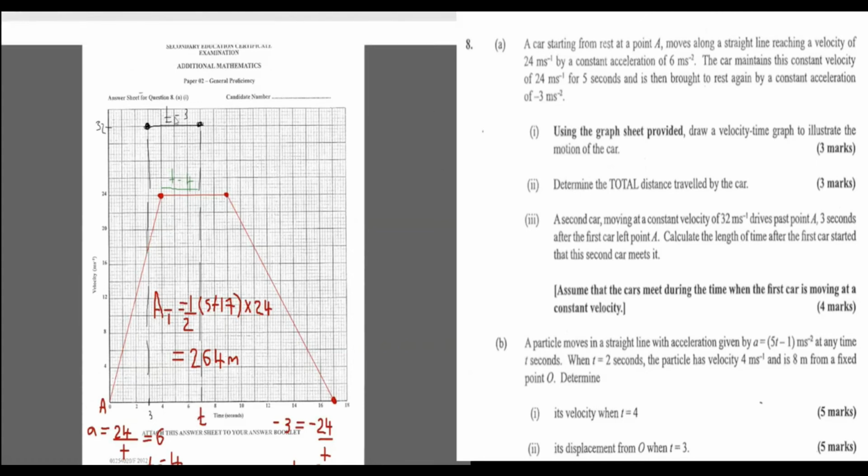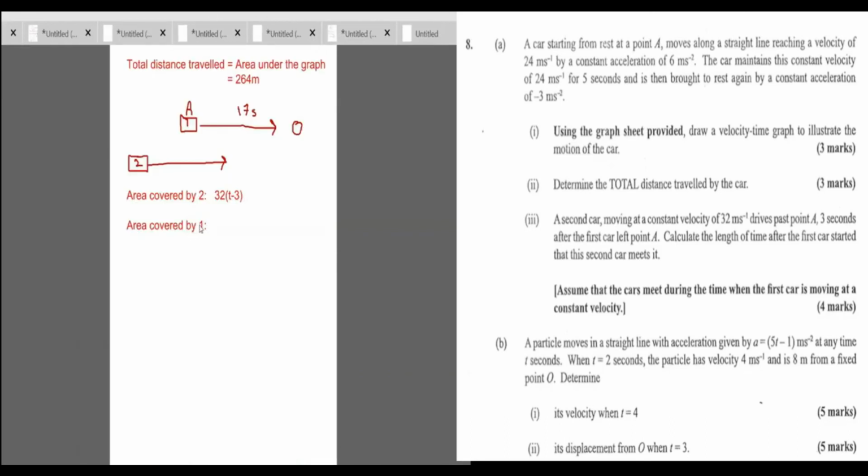And so the distance covered by car 1 when they intersect is going to be a half, I'm going to write 0.5 for a half, times A plus B, where A is T minus 4 plus B, which is T, times the perpendicular height of 24.